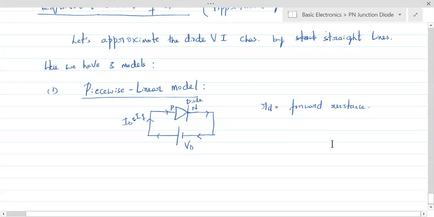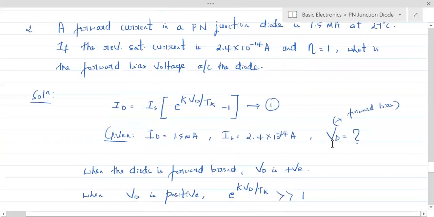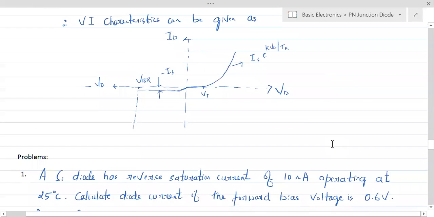And I've been telling you, in forward bias you will not have current flow soon after the forward bias is applied. Understand that? That means we don't have current flow from zero itself. The current does not start to flow at VD equal to zero.